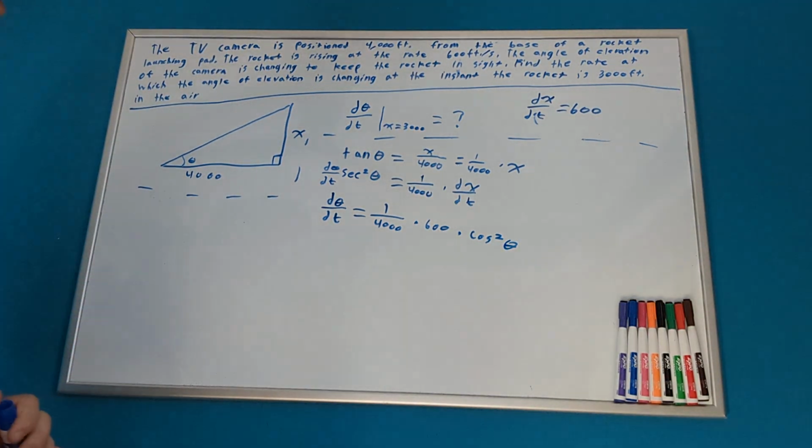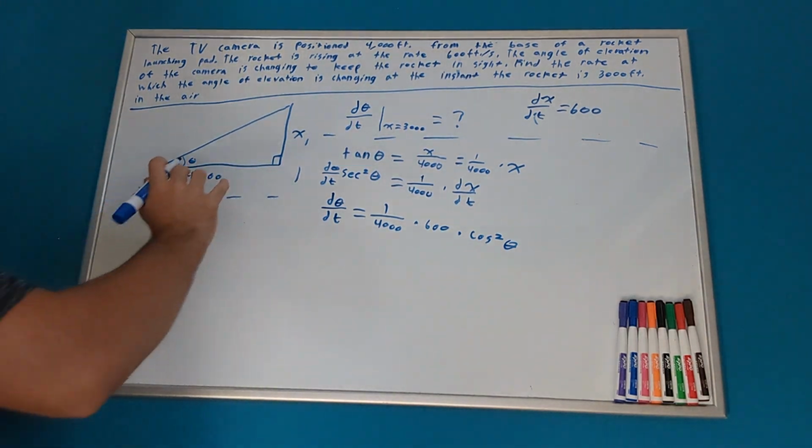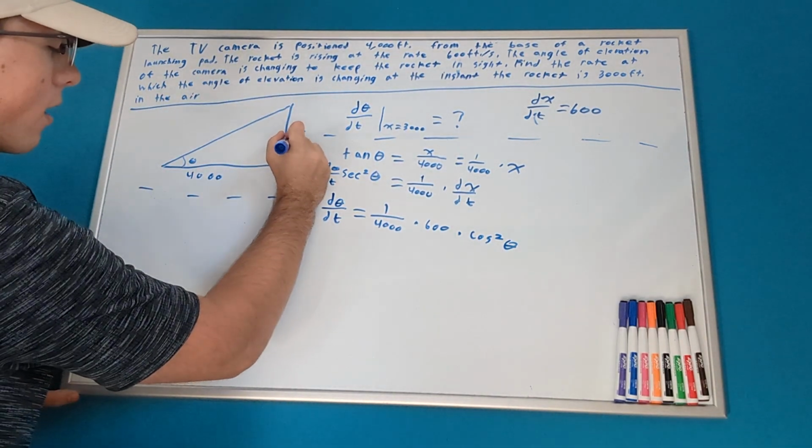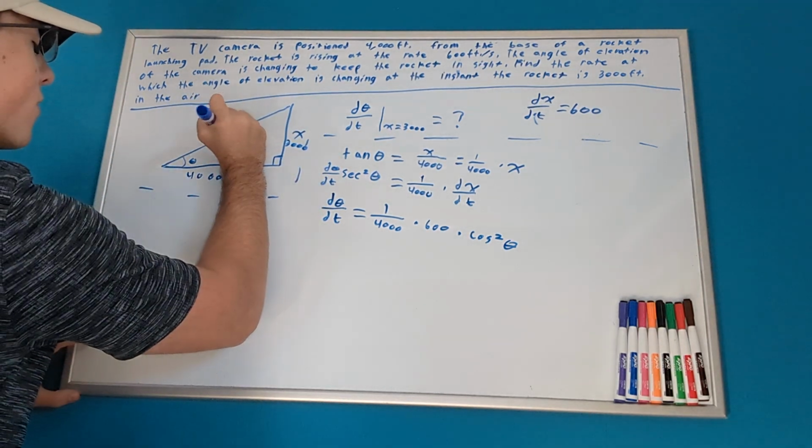Now, we want to figure out what cosine squared theta might be. This is when we go back to our drawing, and we say, okay, this is 3,000, and this is 4,000, so this must be 5,000.